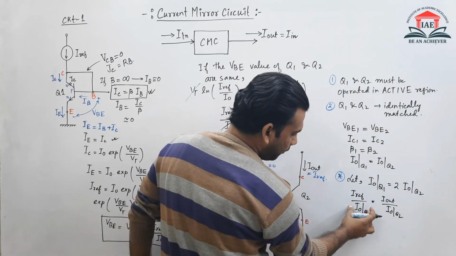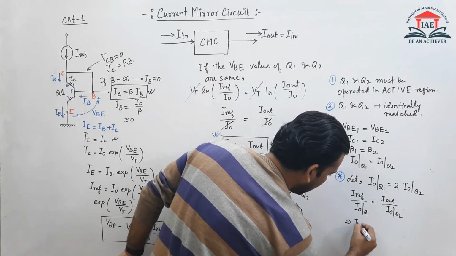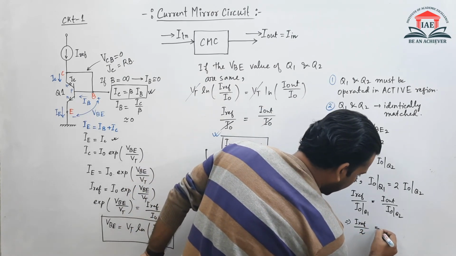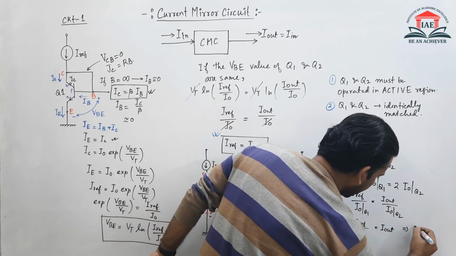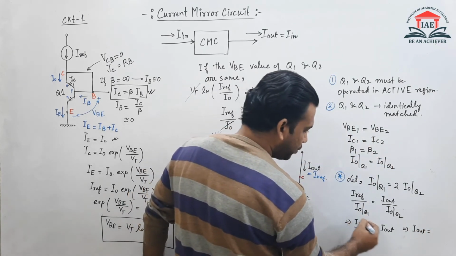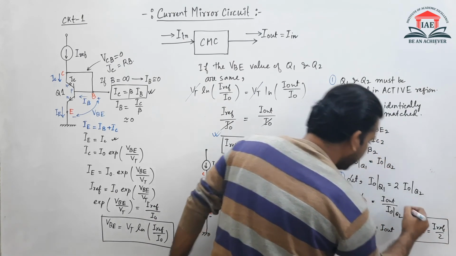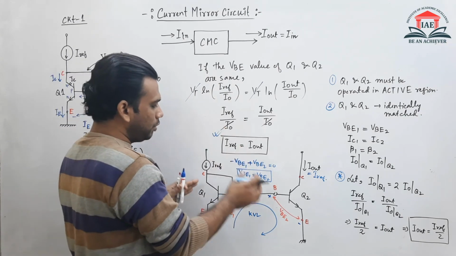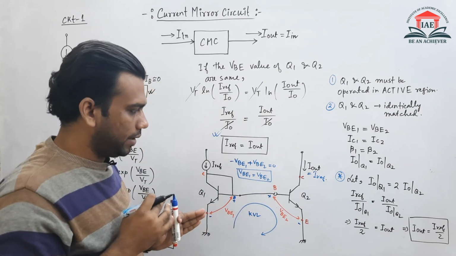So this I0 of Q1 is equals to 2 of I0 of Q2. So that means we can write I reference divided by 2 and I out. So that means we can say I out will be I reference by 2. So दोनों इक्वल नहीं हो रहा है, मिरर इमेज नहीं हो रहा है. So मिरर इमेज होने के लिए आपका दोनों ट्रांजिस्टर का जो रिवर्स सैचुरेशन करंट होगा दोनों सेम होंगे.